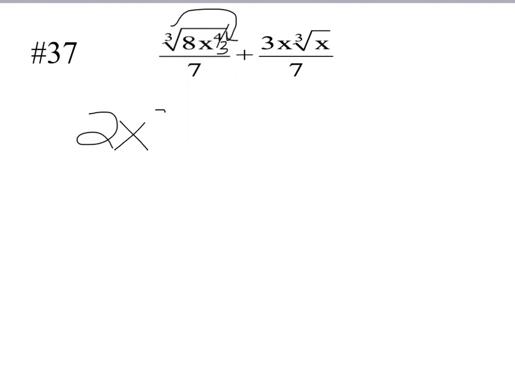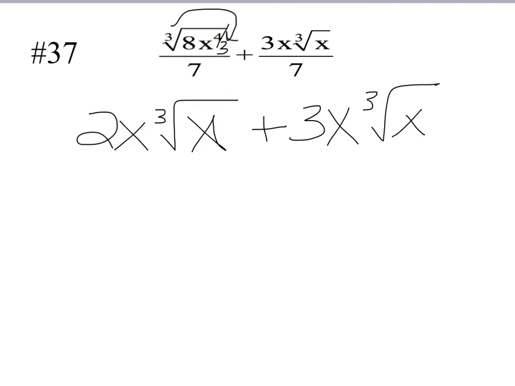And then we have the cube root of whatever's left. If you use 3 of the 4, how many are left over? Just 1x. Plus, this is already simplified as much as possible. So we're going to say 3x cube root of x. And I'm going to write all of this over 7 because it's a common denominator.